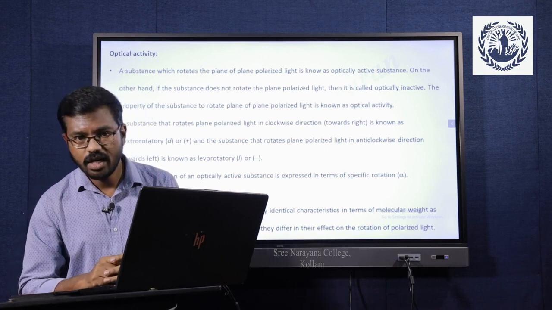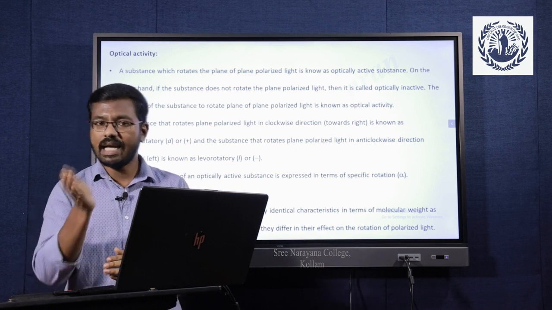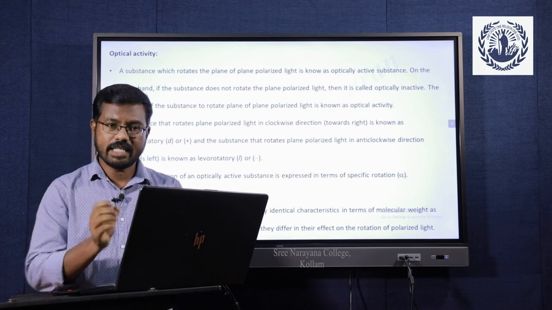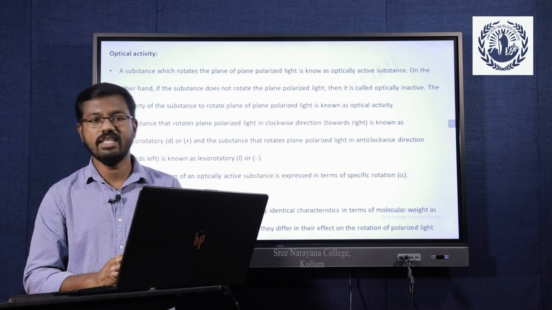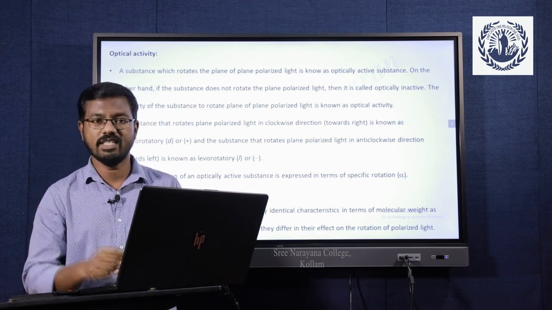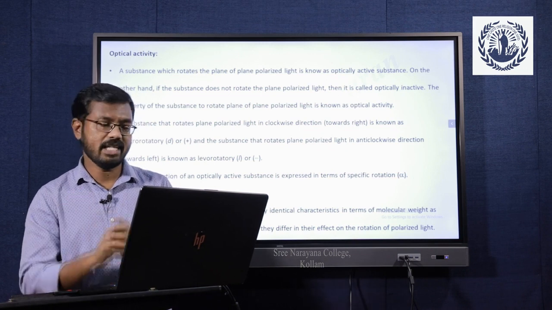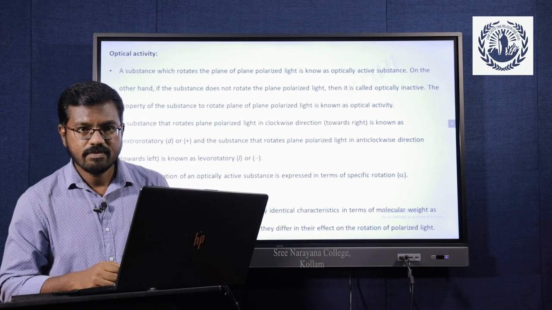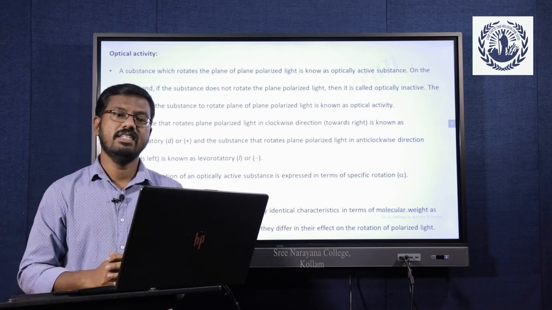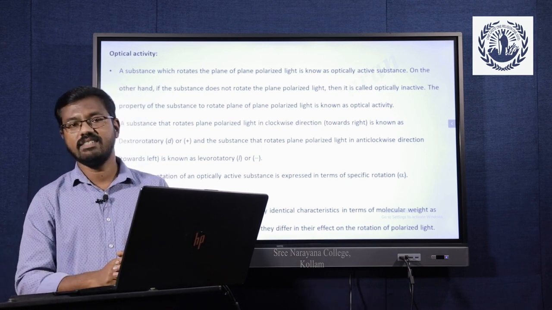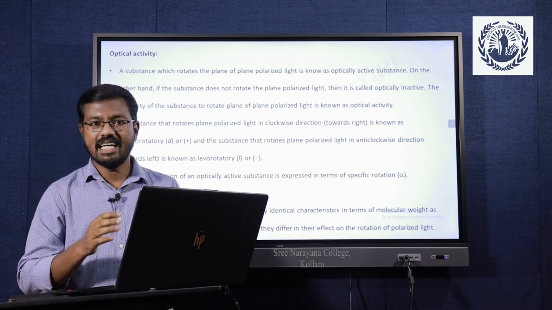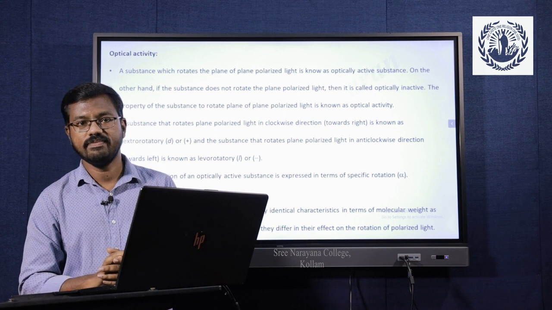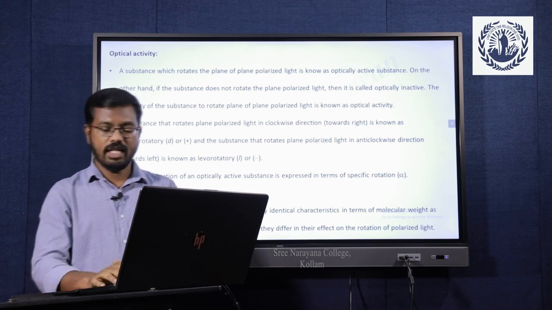And if the molecule rotates the light towards the anti-clockwise direction, then we term it levorotatory, and we represent it with a small l or minus sign. So, optical isomerism arises due to the difference in the effect of rotation of plane polarized light.